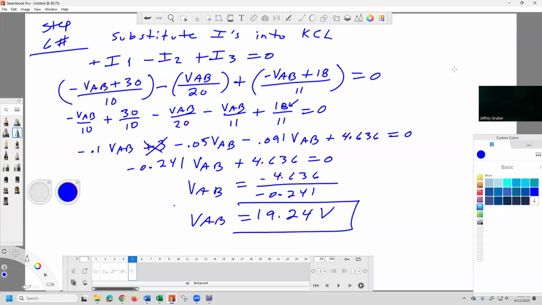The moral to the story is maybe next week on Tuesday, we'll do another problem, except this time, because this problem really bothers me, we'll put a resistor right here.